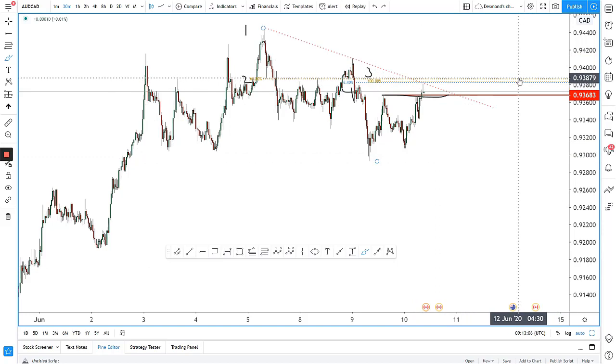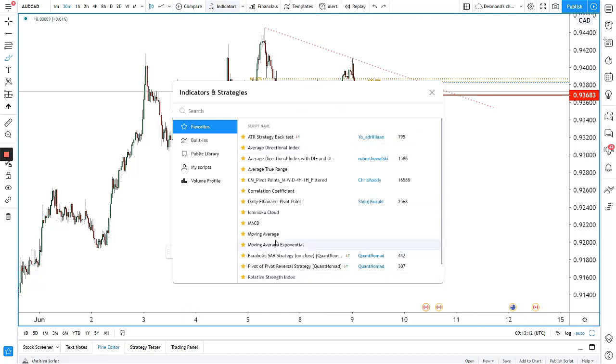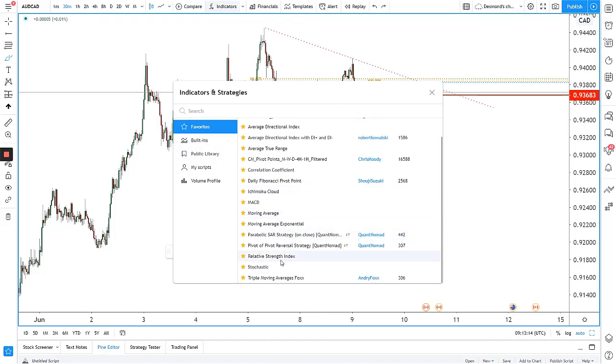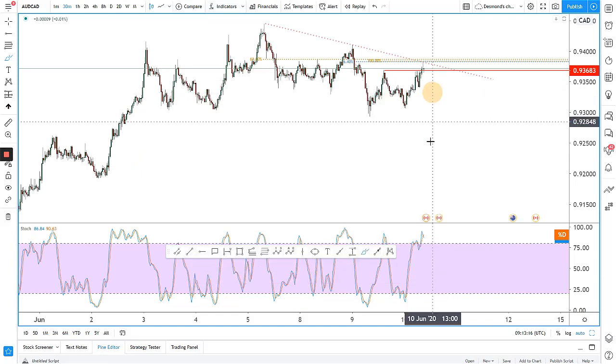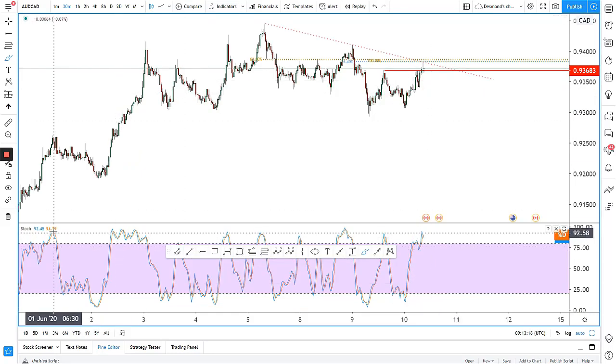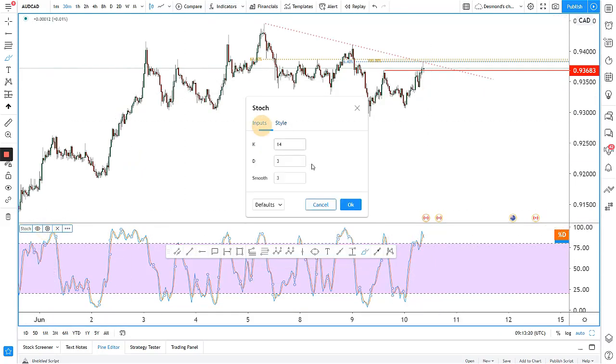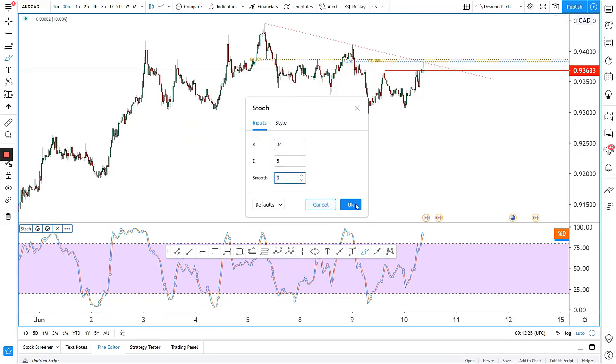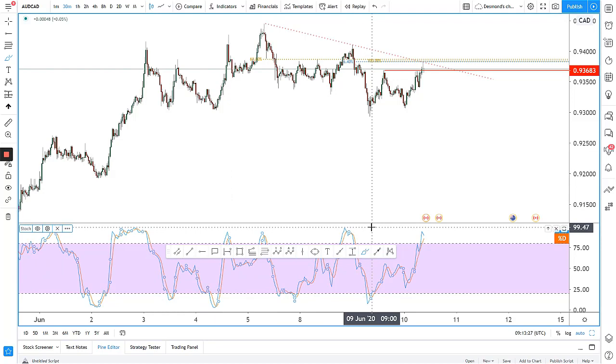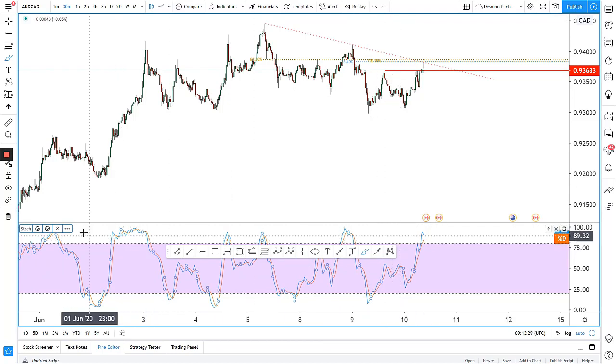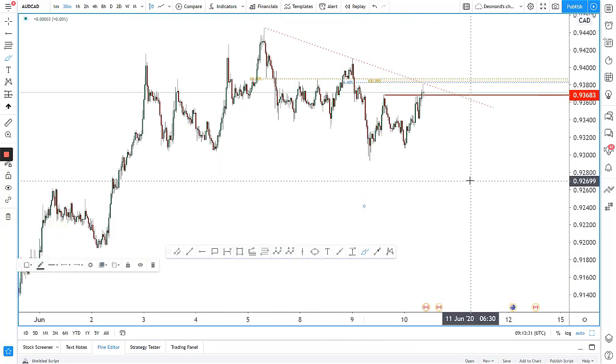I'm not even going to look at stochastic because we do have quite enough elements lining up. I'm just going to take a look at stochastic anyway, and see if there's any potential for divergence. I tend to like to use 3453. No really obvious divergence, so let's not complicate things further.